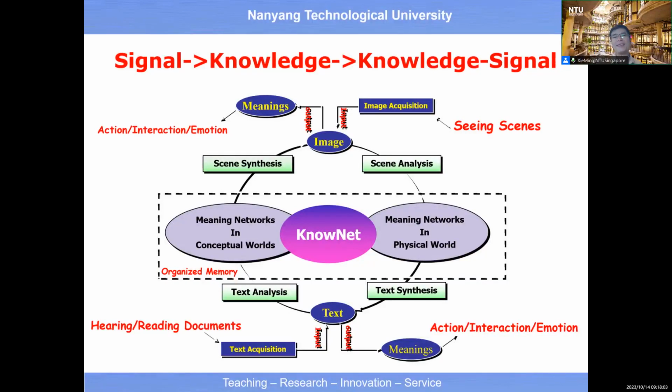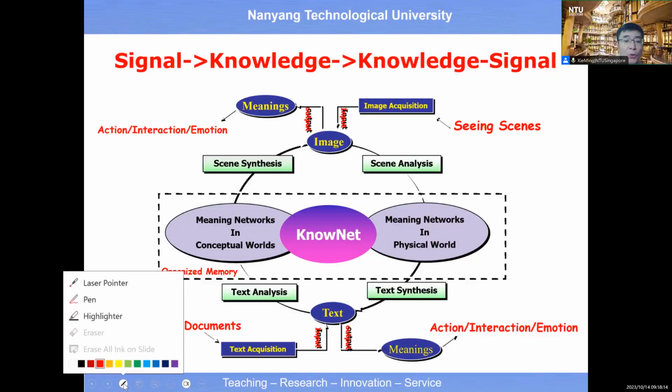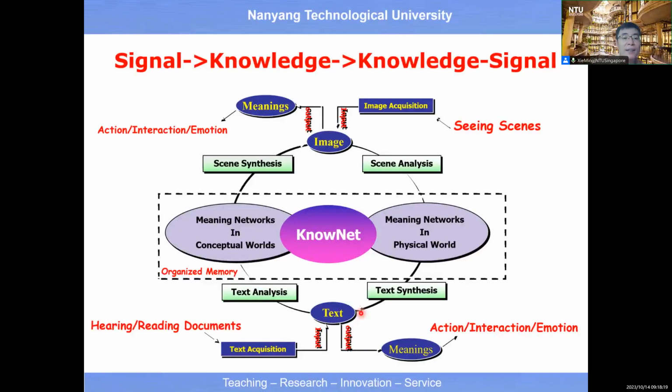So you see the text at the bottom, on top you see the image, right? So now it's very interesting for us to know that we can also make use of a vision system, right, to obtain.